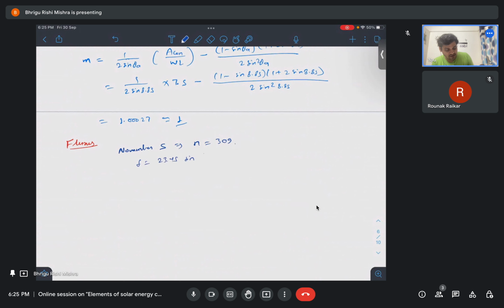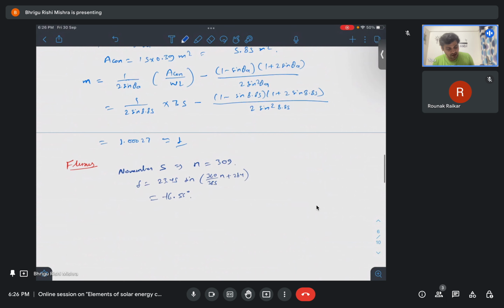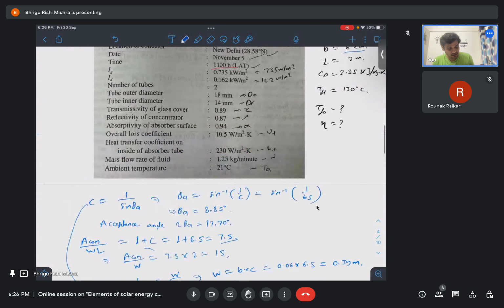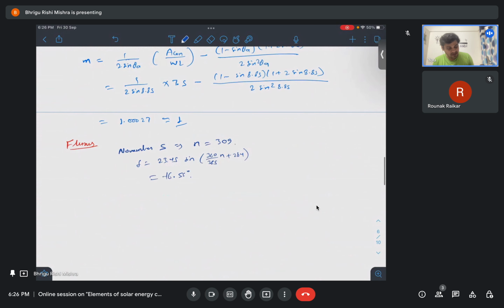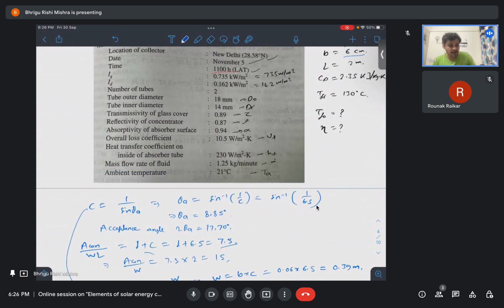Then you can calculate delta: 23.45 sine of 360 by 365 times (284 plus n). Okay, so if you put all the values, you will get minus 16.55 degree. And now if you calculate omega, since here it is given local apparent time, we can directly use this time to calculate omega.